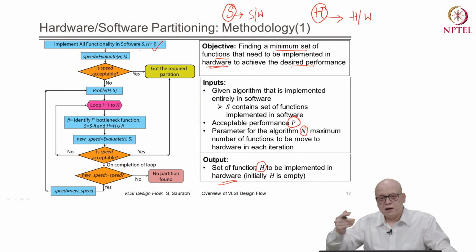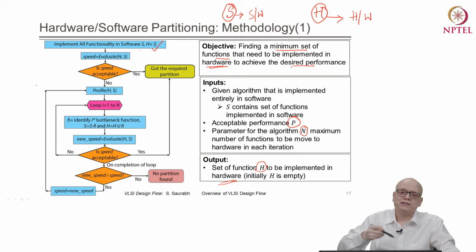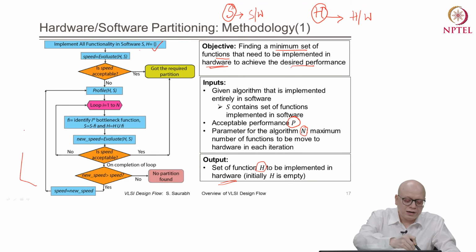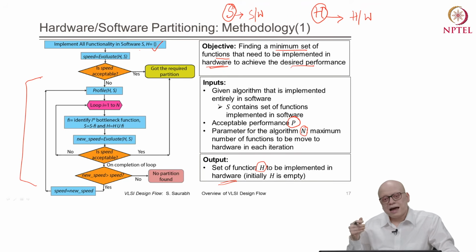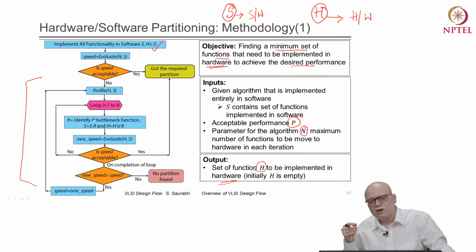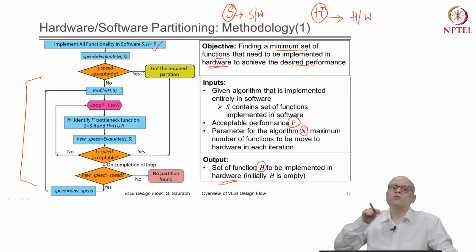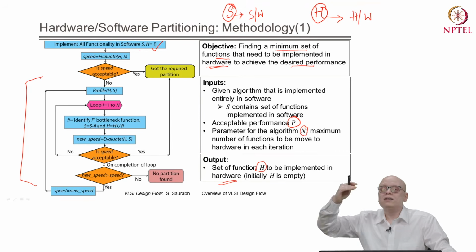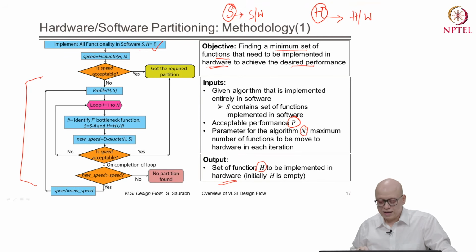Initially H is empty, but as the algorithm progresses, H will be populated, filled with a minimal set of functions such that the performance becomes above the given threshold. Okay. Now, let us see how to achieve this in hardware software partitioning.